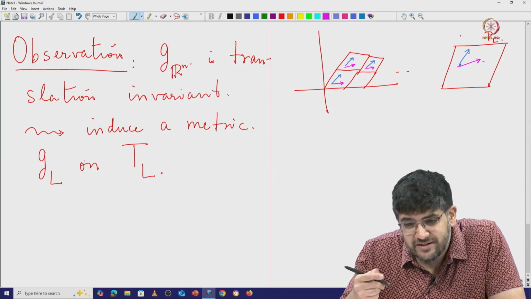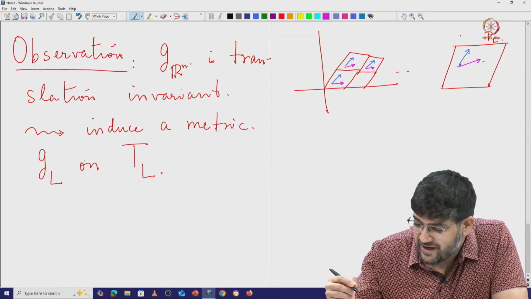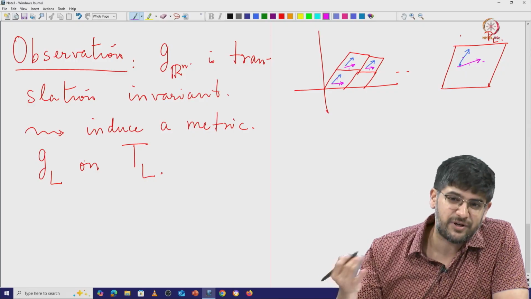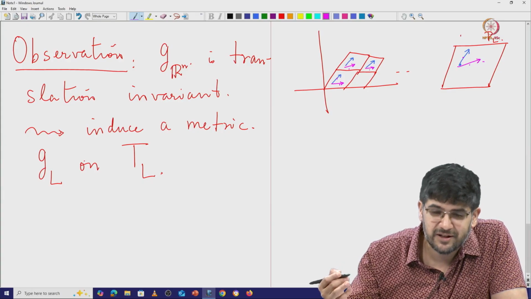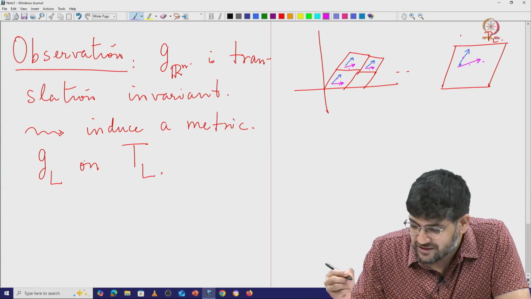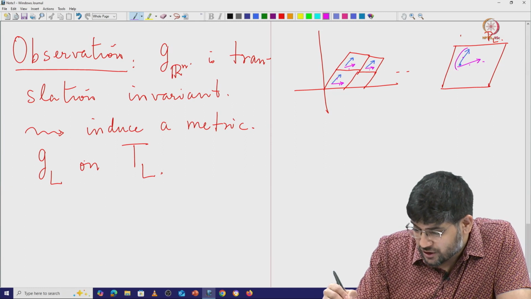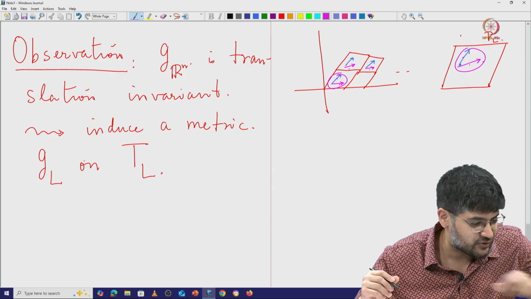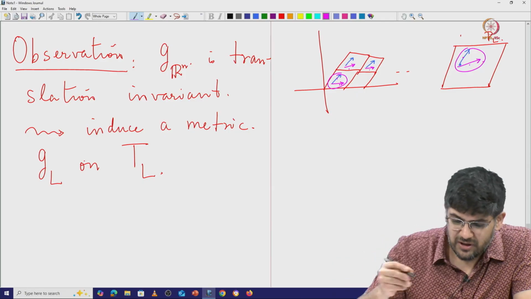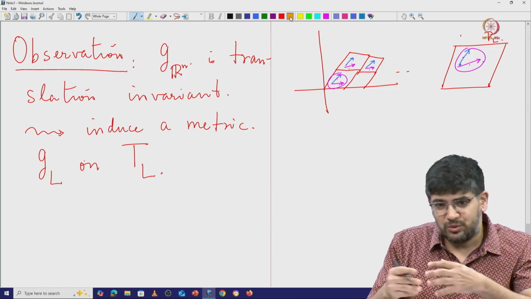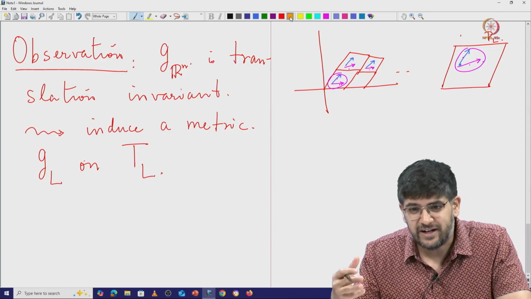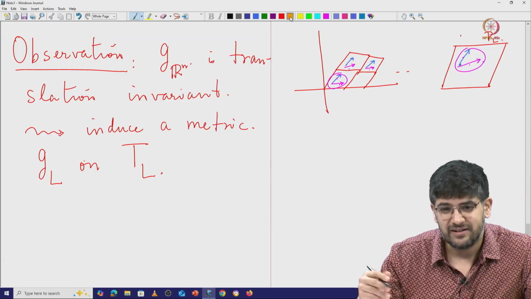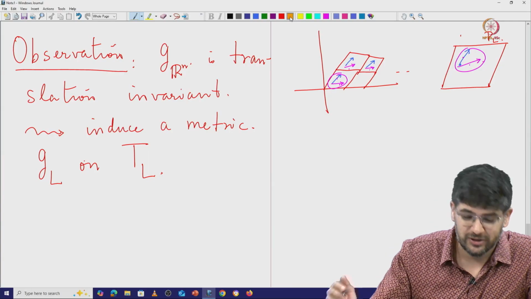But because the metric is translation invariant, the inner product between all these pairs of vectors is basically the same. So you just define the inner product of these by computing the inner product here. That's essentially the definition of G_L. Soon enough I'll write explicitly what this metric looks like, but for now I hope I've convinced you that there is a very natural way of defining a metric on the torus.